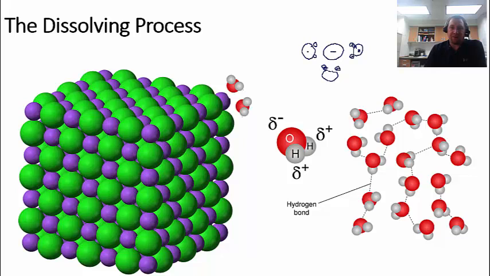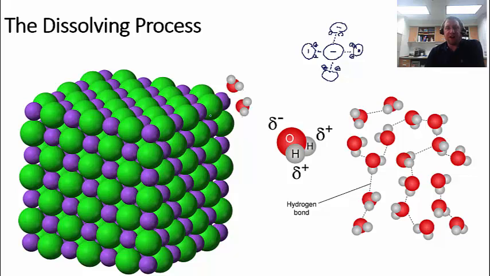So this is all happening very quickly, and we get these little bonds that form between the chloride ions and water. So think about these breaking of bonds and forming of bonds, and think about the energy that's associated with those.